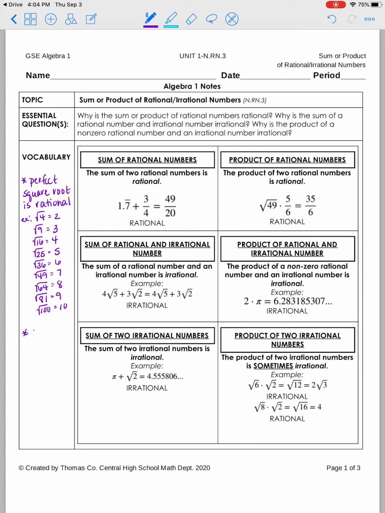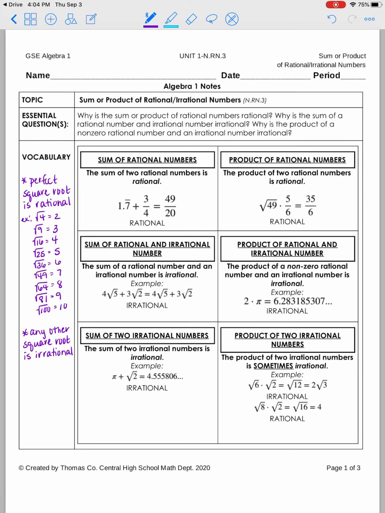And then any other square root that's not perfect is always irrational, because it's going to have that never ending, never repeating decimal number. So you need to know those two things.